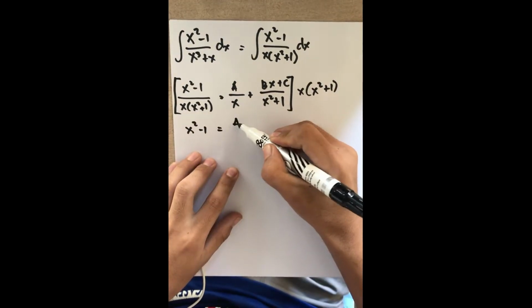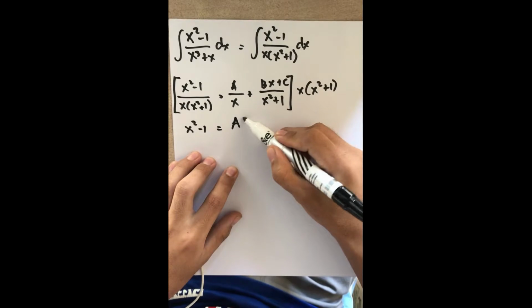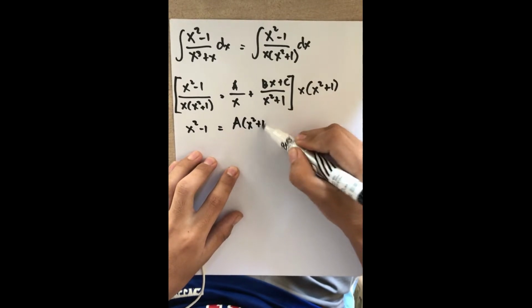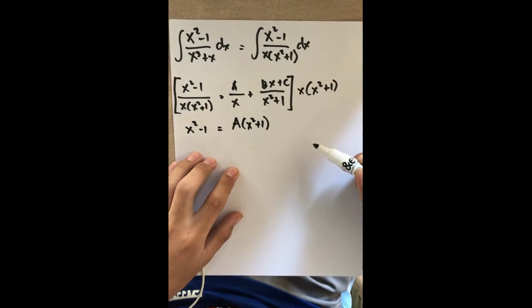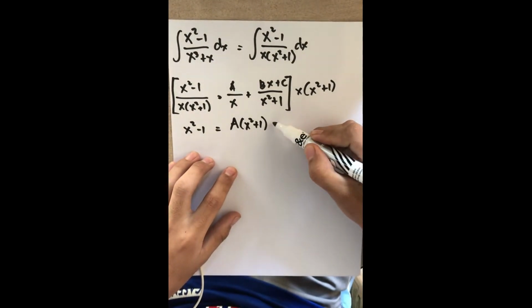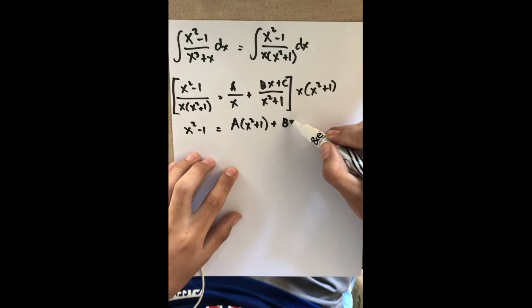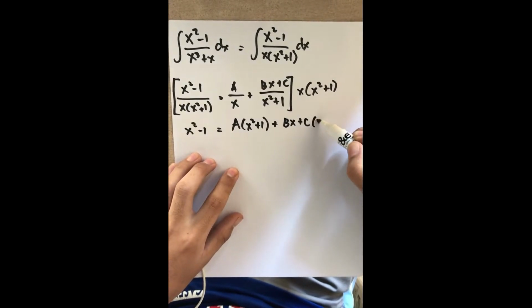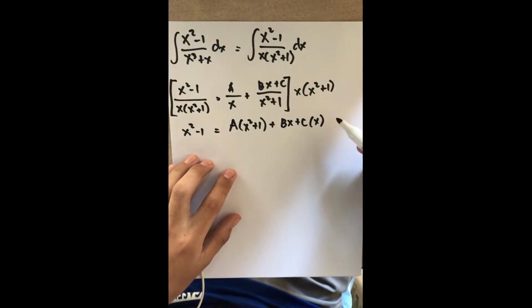So we multiply the equation by x times (x squared plus 1) to cancel this out. Then x squared minus 1 is equal to a times (x squared plus 1) plus (bx plus c) times x, since the denominator will be cancelled.